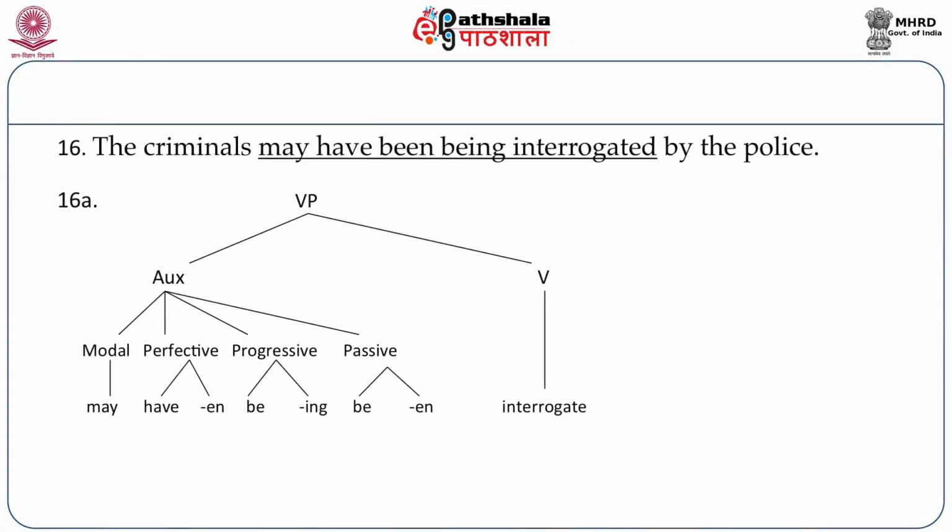So we get have been, and then in progressive we have be plus ing, and that ing is attached to the be of passive, and that is how we get being. Then we have the suffix of passive which is en, which is attached to interrogate, and we get interrogated.